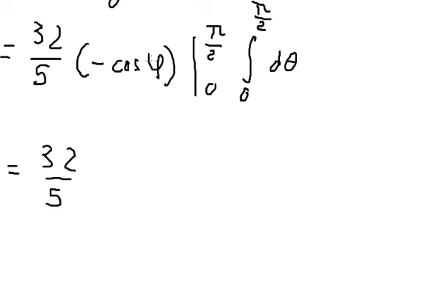So I will put pi over 2 here, 0 here. And we have number 1. So this one just has theta from 0 to pi over 2.